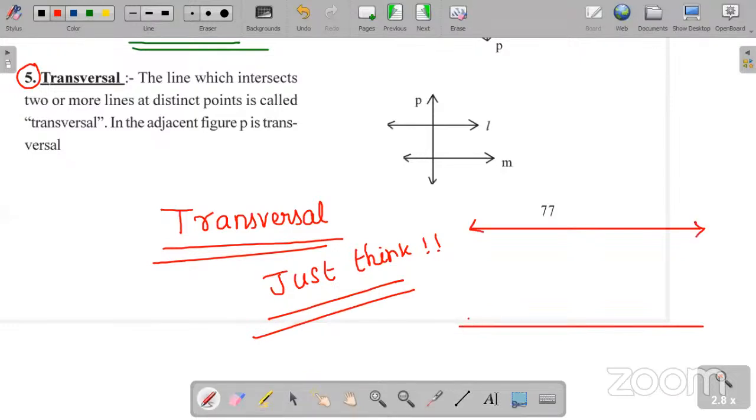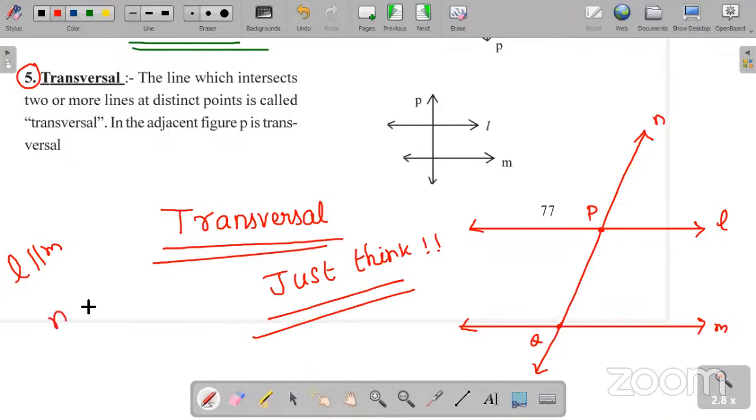So, for example, say L and M. Here L is parallel to M. See, if a line intersects L and M at two different points, for example, say this point is P, this point is Q, and say this line is N, this N is called a transversal. Clear? How many transversals can you draw? Many you can draw.